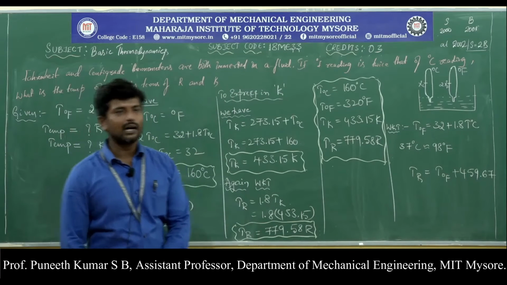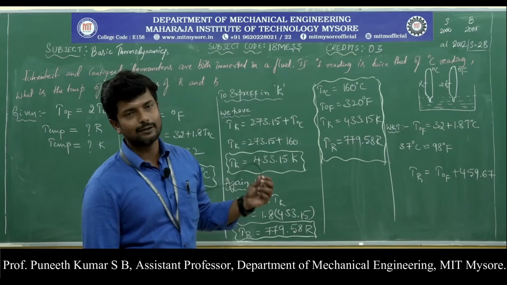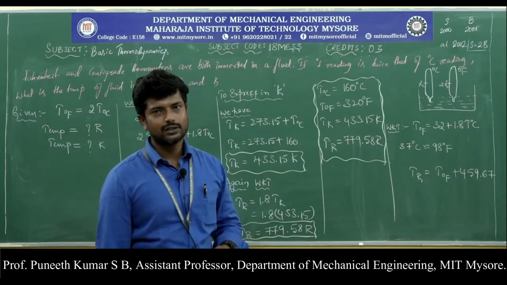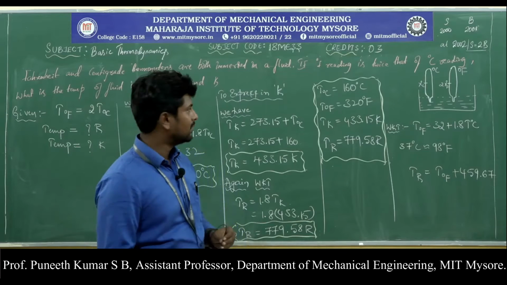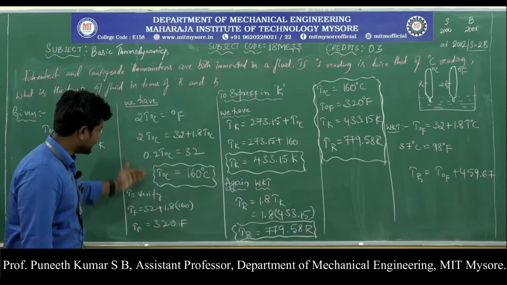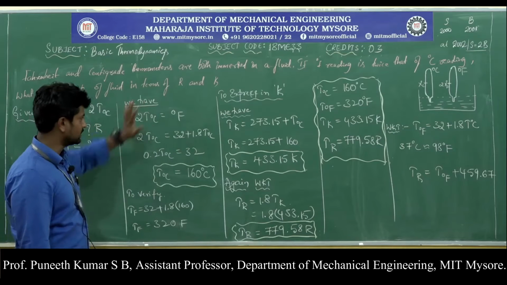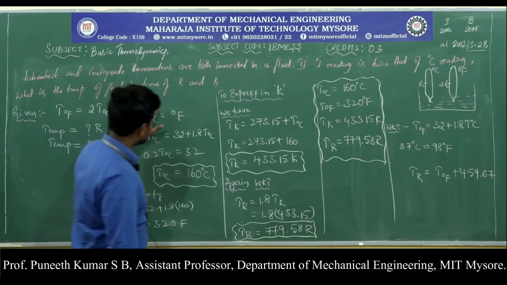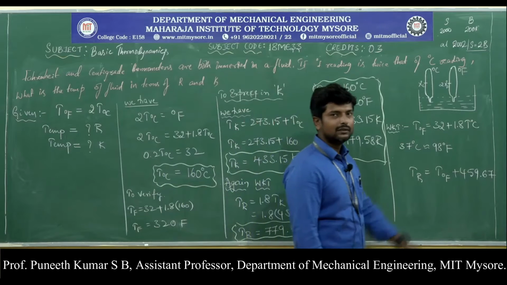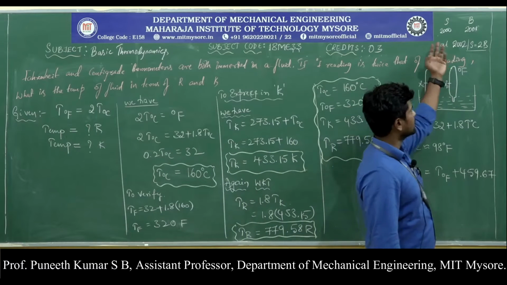Now, to find out at which particular temperature the Fahrenheit is exactly twice that of Celsius, we need to do a basic mathematical deduction, which we have written here. Before going straight to the problem, just with a very small example, we need to understand the analogy.